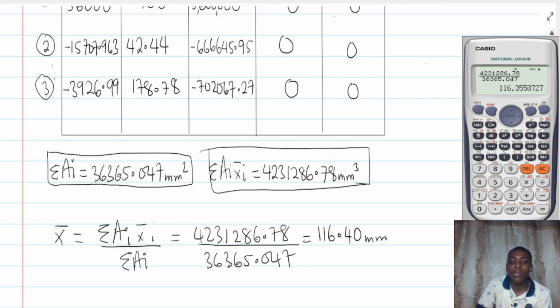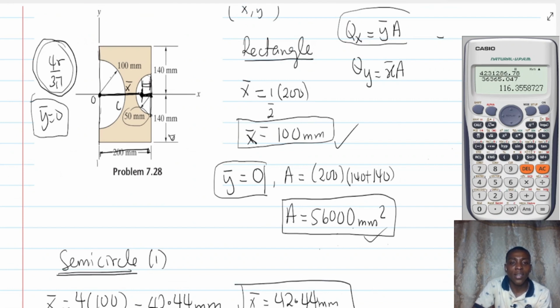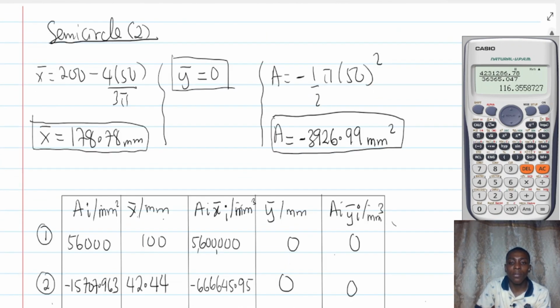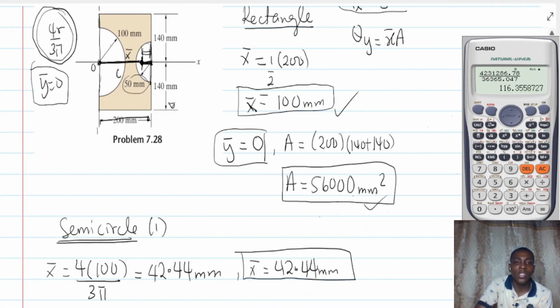116.40 millimeters. So interestingly, what this is telling us is that the center of the whole of this is somewhere around 116.4. So you know the origin is already here.